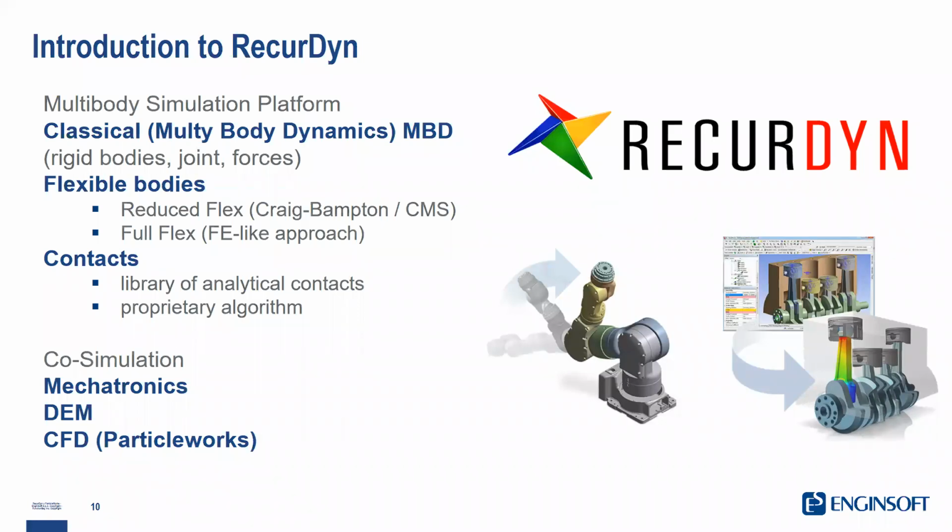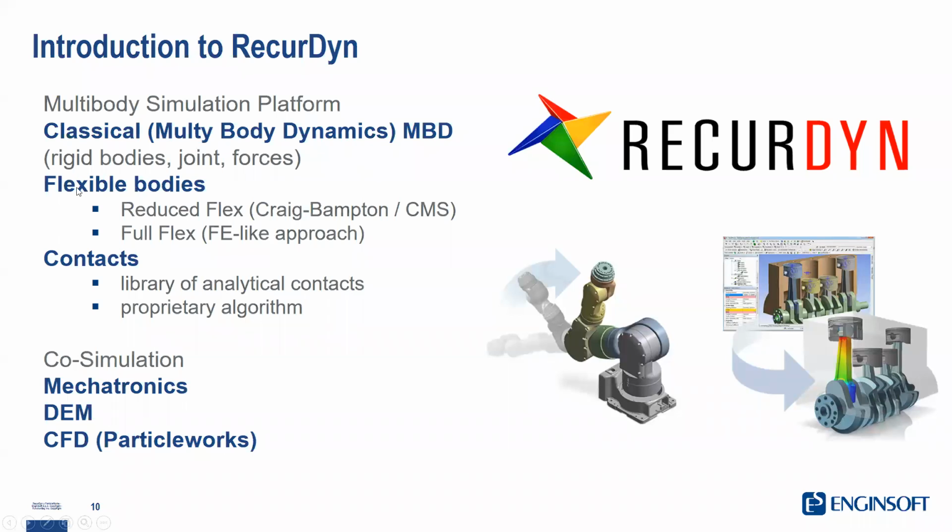So let's now talk a little bit about RecurDyn. RecurDyn is a multibody simulation software that can work as a classical multibody dynamics software, dealing with rigid bodies, the joints, the contact forces, and the constraints of the solids to model, like, a robotic arm or pistons.